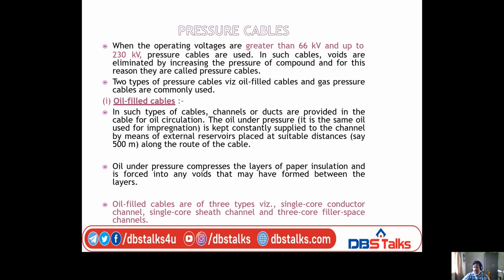Oil under pressure compresses the layers of paper insulation and is forced into any voids that may have formed between the layers. Oil filled cables are of three types: single core conductor channel, single core sheath channel, and three core filler space channel.